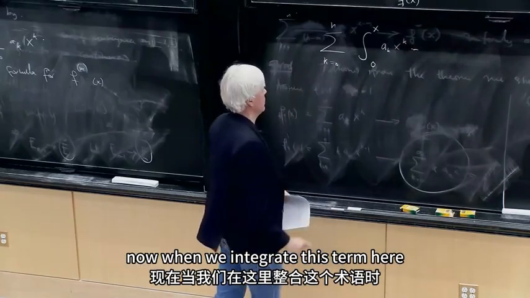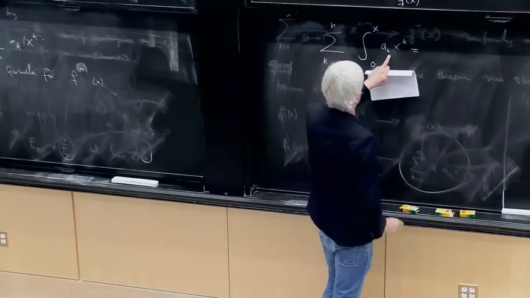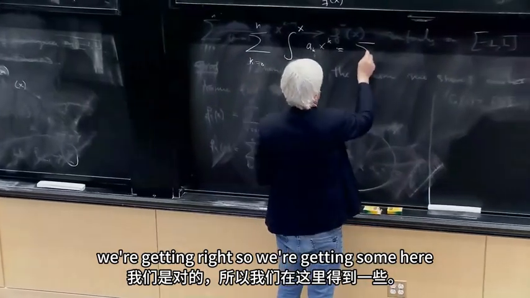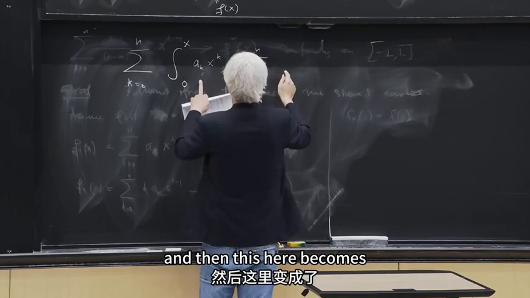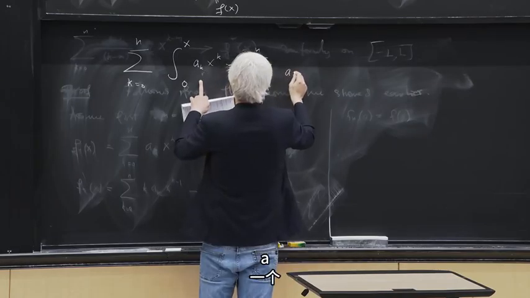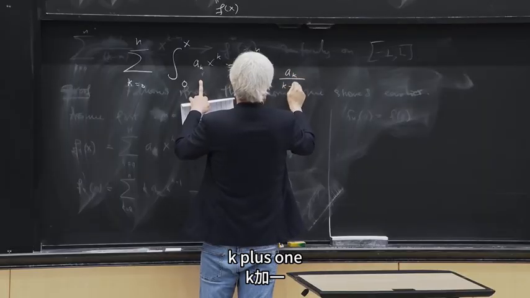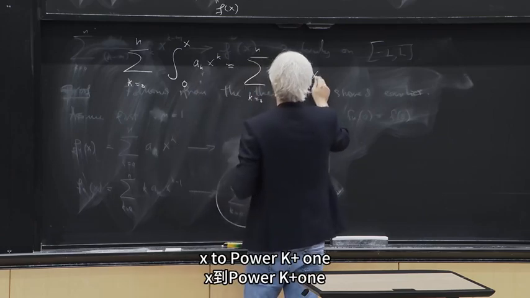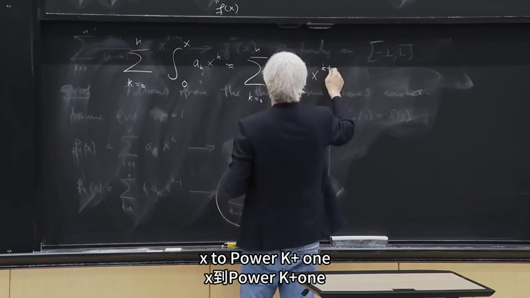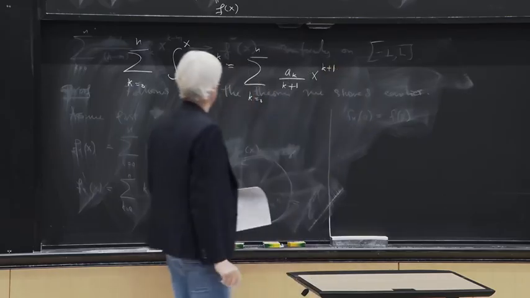Now when we integrate this term here, we're getting the sum, k equal to 0 to n, and then this here becomes a_k over k plus 1, x to the power k plus 1, right?